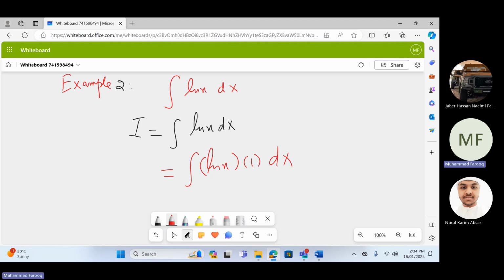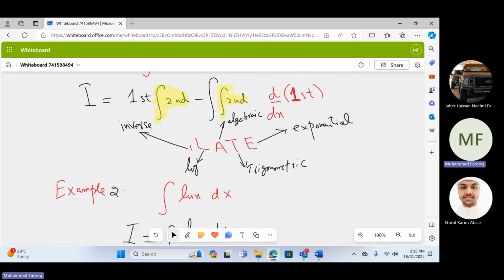But now I have two functions. Now please tell me which function you take as first and which you take as second. The second one, 1, is basically which category? Algebraic. Yes, 1 is an algebraic function.